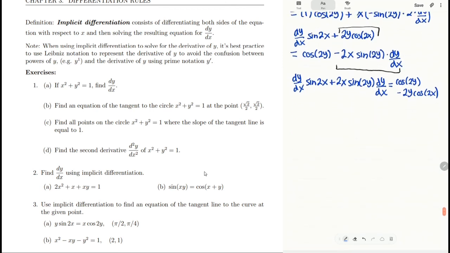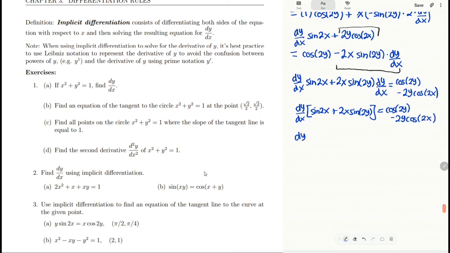So now on the left-hand side, we can factor out dy over dx. So dy over dx, and we're left with the sine of 2x plus 2x sine of 2y. And this is equal to cos of 2y minus 2y cos of 2x.